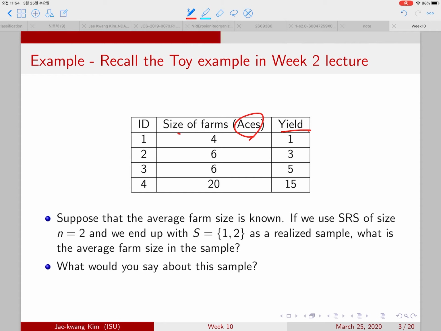4 plus 6 plus 6 plus 20 equals 36, divided by 4, is 9. So the average farm size is 9. Okay, so that is known, suppose.